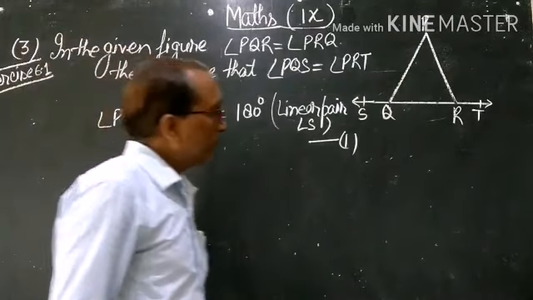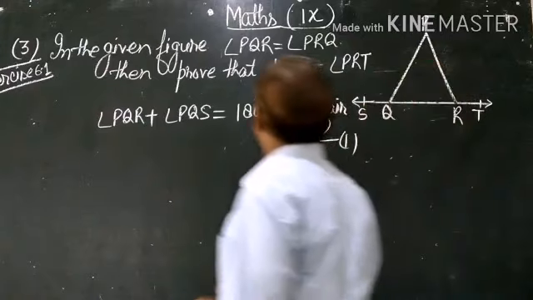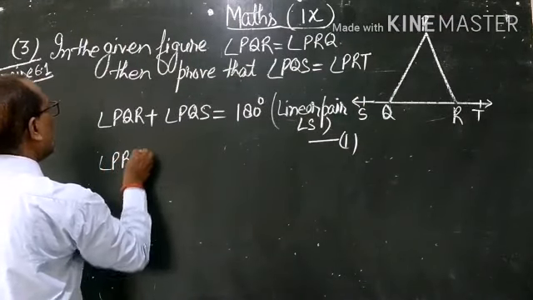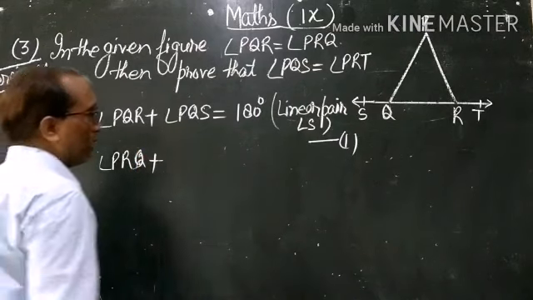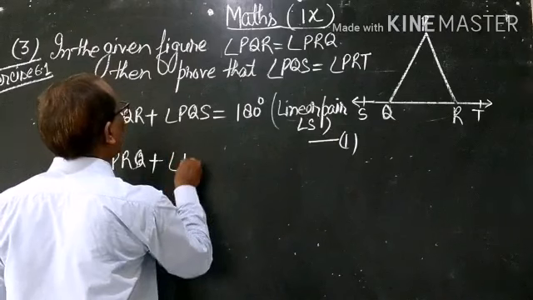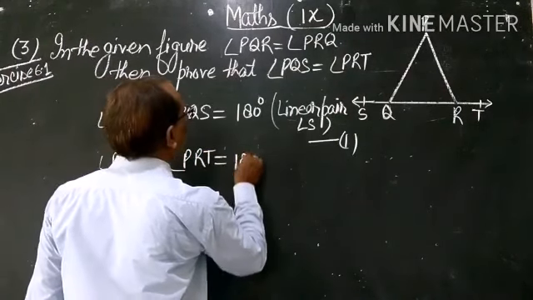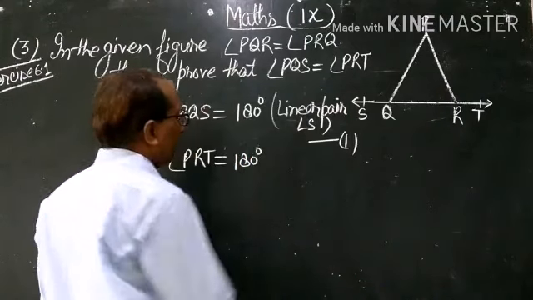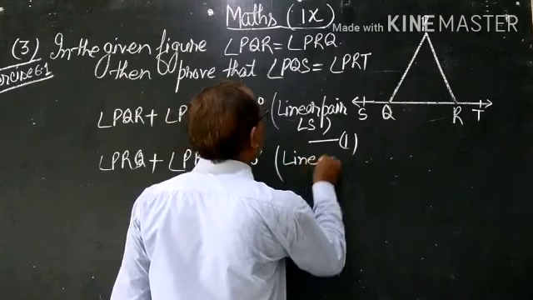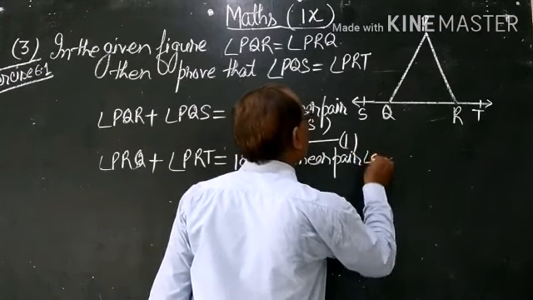Then you write from here angle PRQ plus angle PRT is equal to 180 degree by the property of linear pair angle.